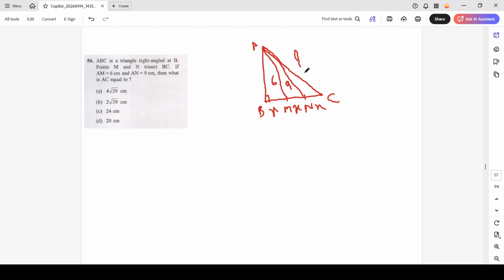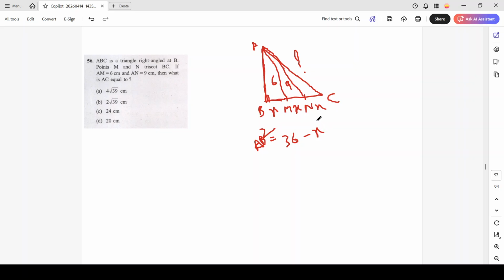So first of all, to find out the value of AC, we have to find out the values of AB and BC. So if we apply the Pythagoras theorem in triangle ABM, we find AB square. What is the value of AB square in terms of x, with the given value 6? That will be 36 minus x square.